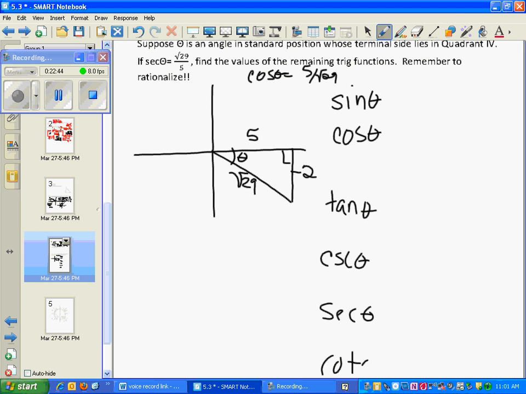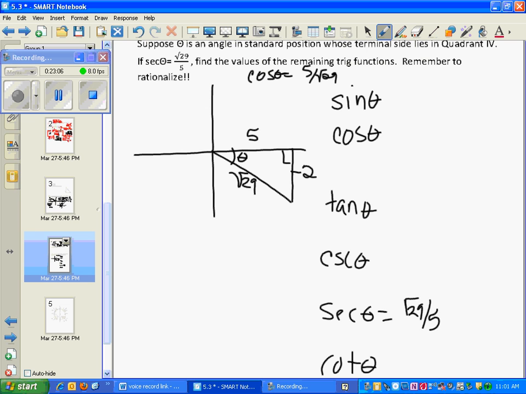It's really nice if you just always keep this in the same order: sine, cosine, tangent, cosecant, secant, cotangent. Just to kind of always write everything in the same manner. Okay, we were given that the secant is square root of 29 over 5. So that one was given.